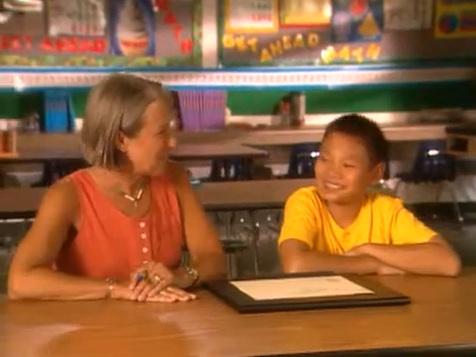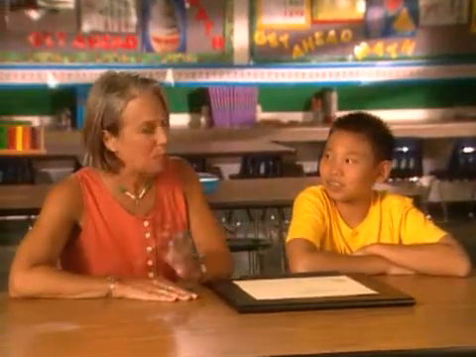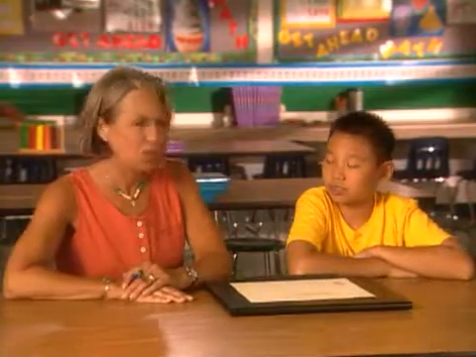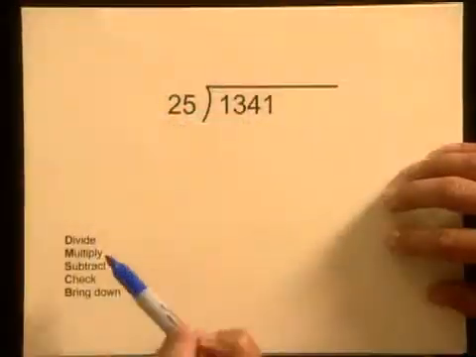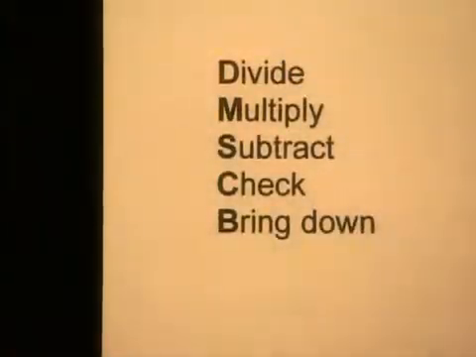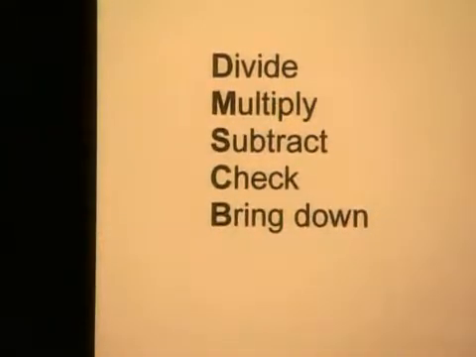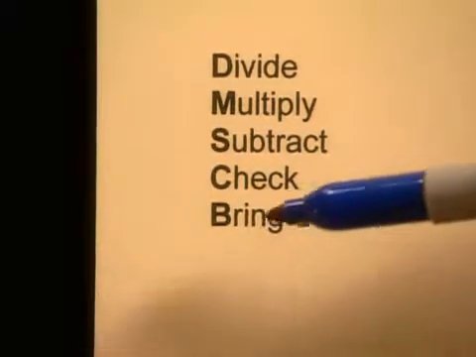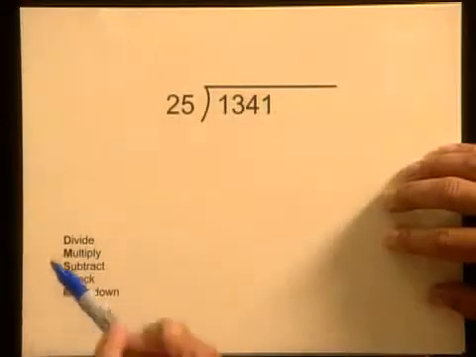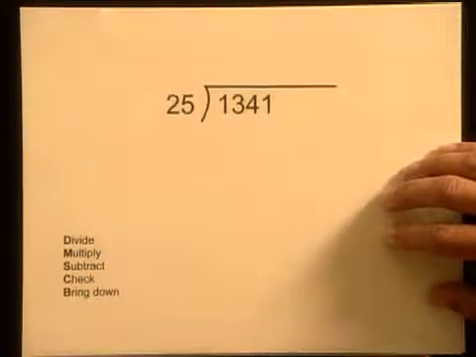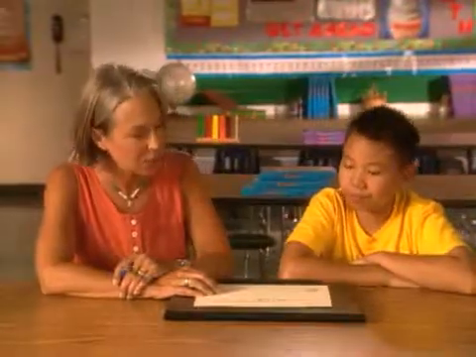And the first letter of every one of those words represents a step in the long division process. So let's look at it. Does, D, divide. McDonald's, M, multiply. Sell, S, subtract. Cheese, C, check. Burgers, B, bring down. And if you just remember those steps, long division is easy. So let's get started.